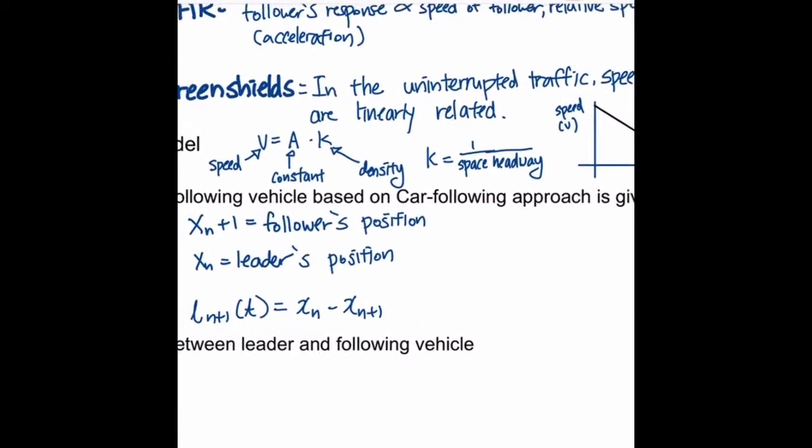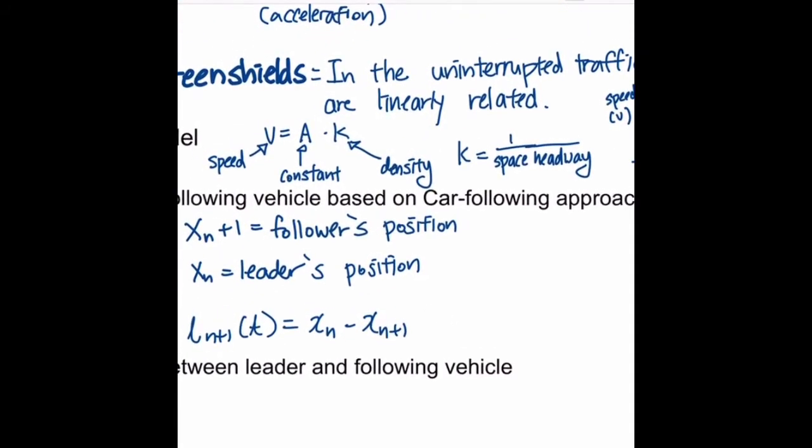So this equation shows their relationship. V equals A times K, which is speed equals a constant times density K. K here can be calculated by 1 divided by space headway.